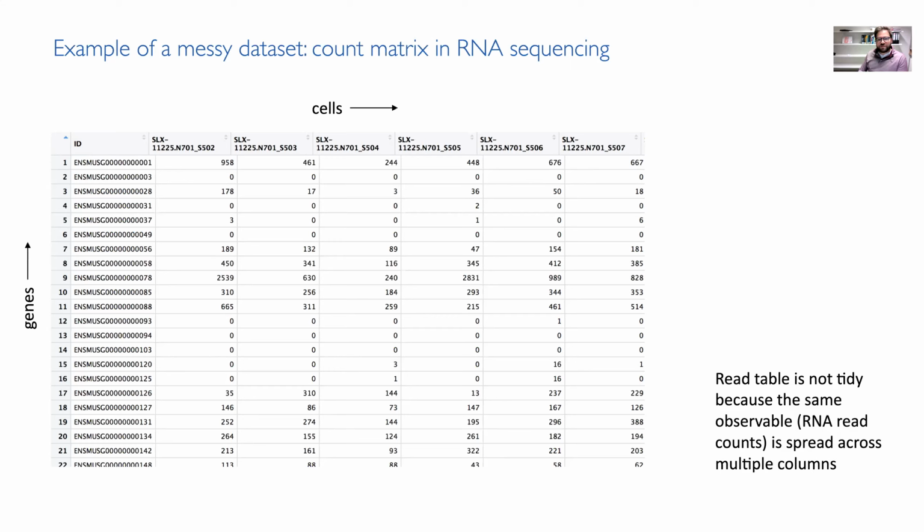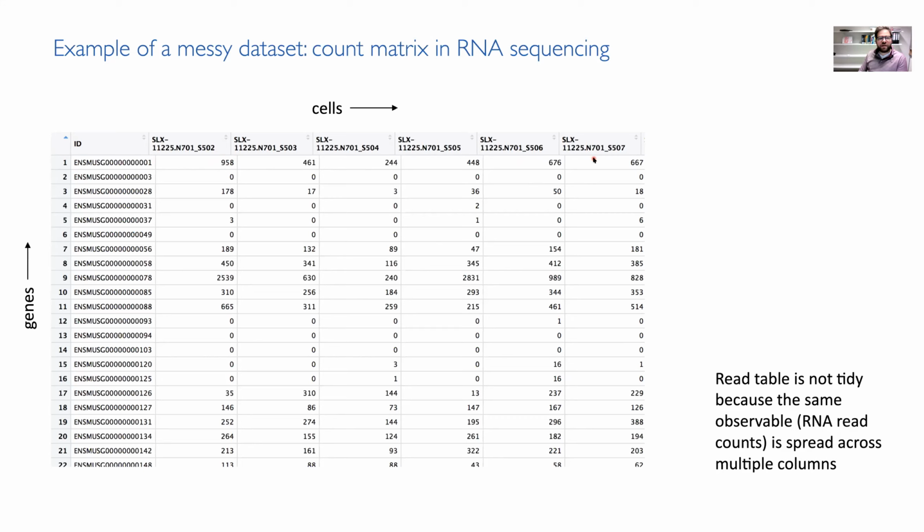So this data set is not tidy because the same measurement, so these numbers mean how many products of this given gene we have measured in a given cell. So these are the numbers. It's not important to understand the biological context. But this data set is not tidy because the same observable, namely the number of these gene products, is repeated in different columns.